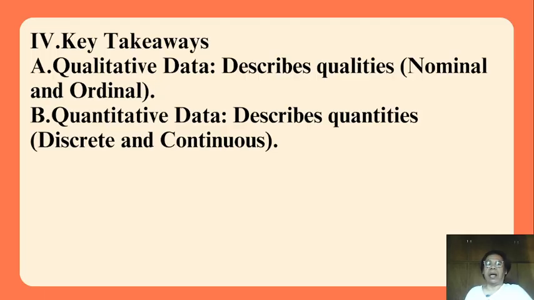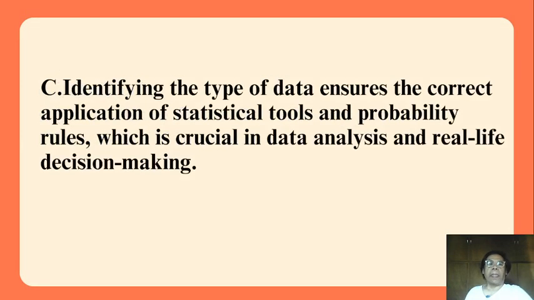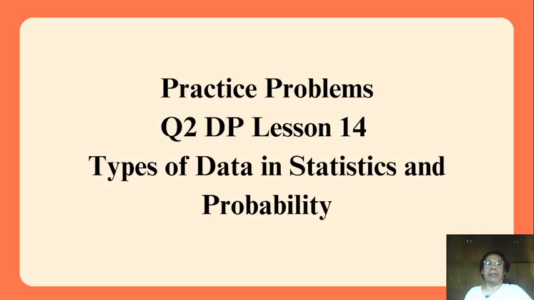So those are the key takeaways. Identifying the type of data ensures the correct application of statistical tools and probability tools, which is crucial in data analysis and real-life decision making.